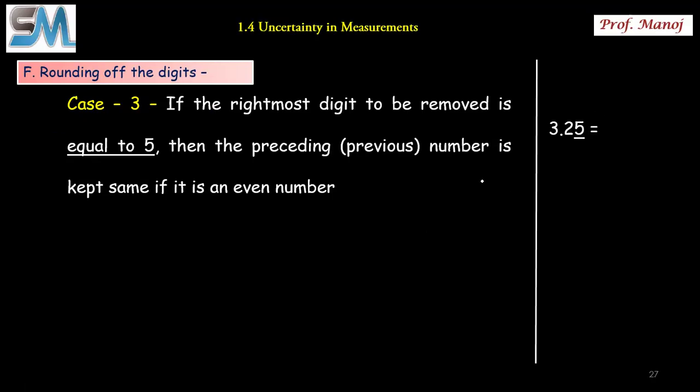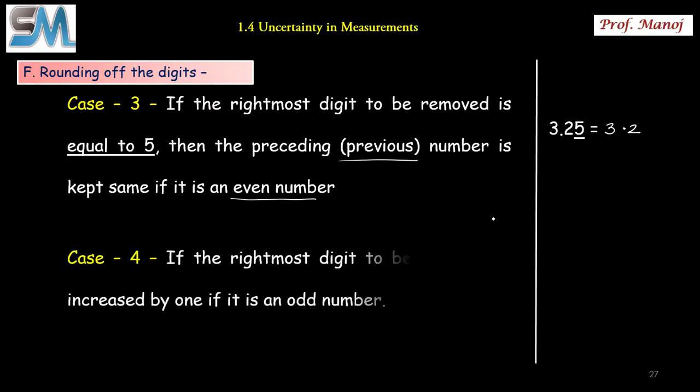So exactly it is 5. Check the previous number. If it is an even number, it will be kept as it is. But if the previous number is an odd number, you increase it by 1 and make it even. These rules are usually ignored by students and they are asked in exams.